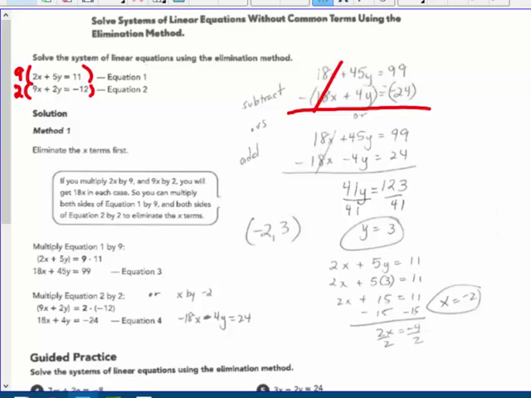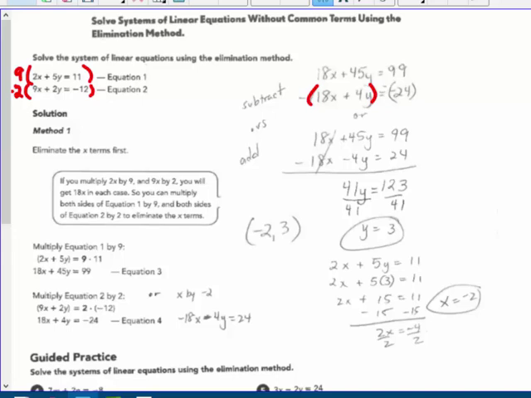18x minus 18x, so you can think of, oh, I've got to distribute this negative. I go ahead and do it automatically. I go ahead and distribute that negative. I don't write it out like this top example here. I don't write it out with parentheses like this. I say, you know what, I'm just going to multiply by negative 2 to start with.